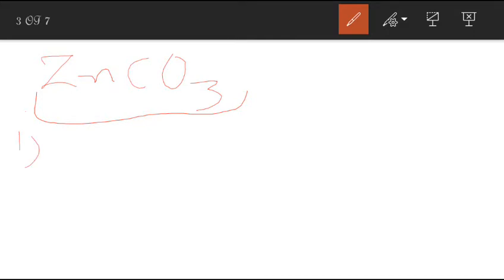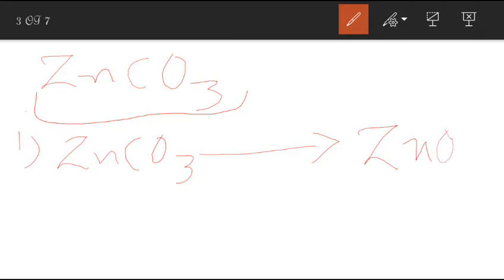We will study one by one how metals are calcinated and roasted. So first one is zinc. It is present in the form of zinc carbonate. First we will study its extraction. It is completed in two steps. First step: zinc carbonate is converted into zinc oxide plus carbon dioxide.